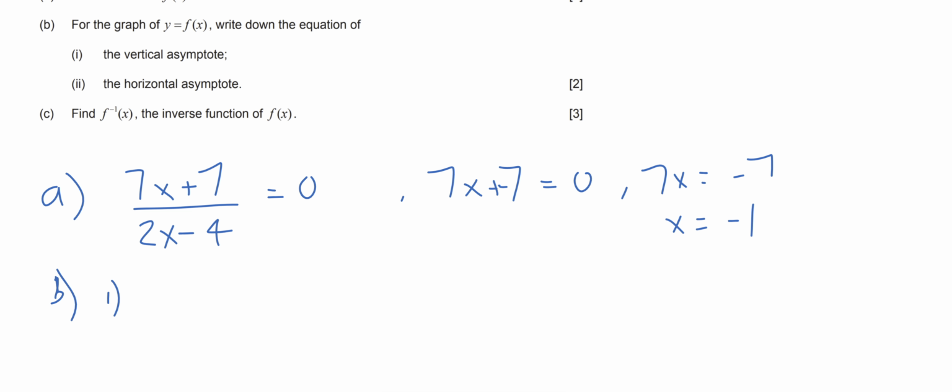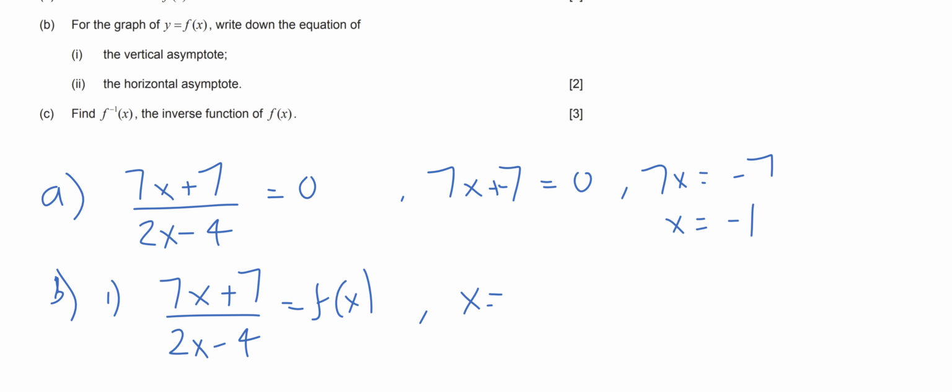In this case, we have 7x plus 7 over 2x minus 4 as f of x. So the x value that will make the denominator equal 0 is 2. 2 times 2 is 4, 4 minus 4 is 0.